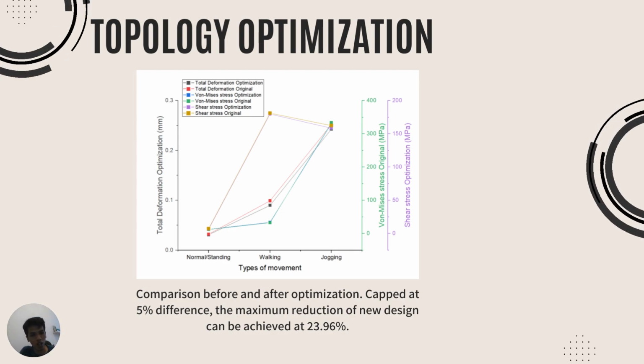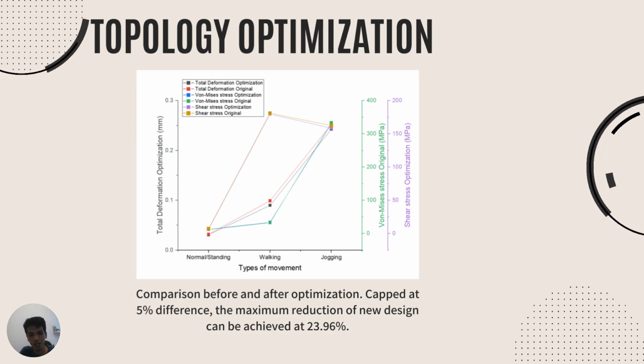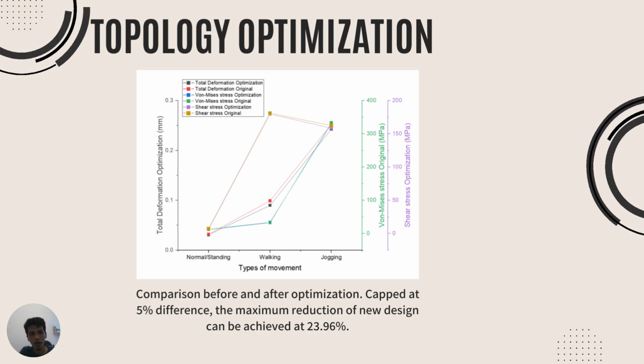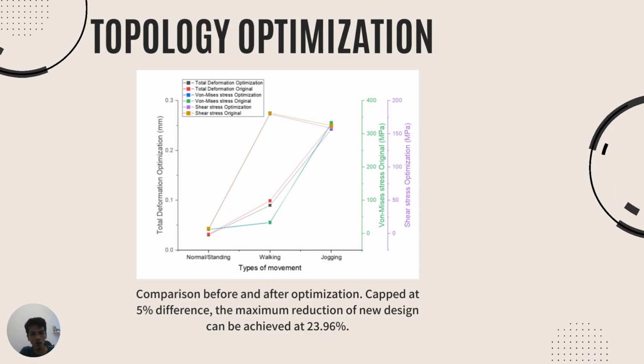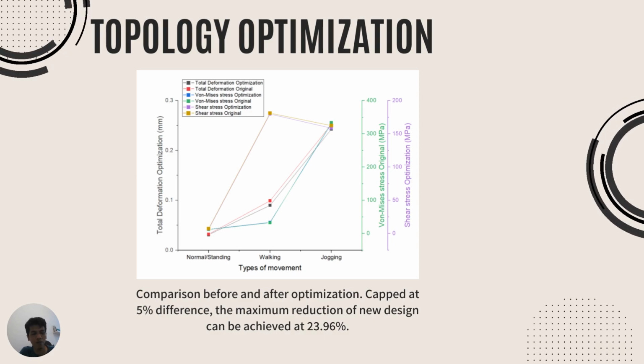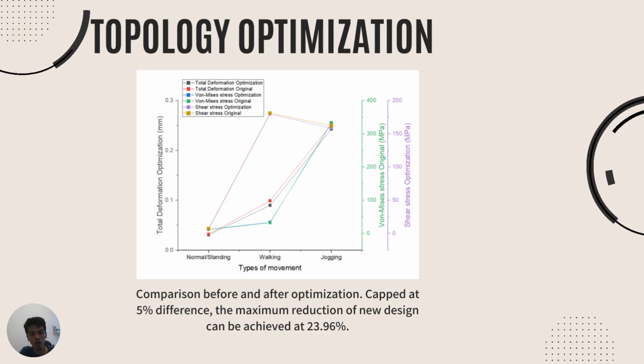What this research tries to give is, in terms of budget, an improvement in cost effectiveness. We can use topology optimization to reduce material consumption.